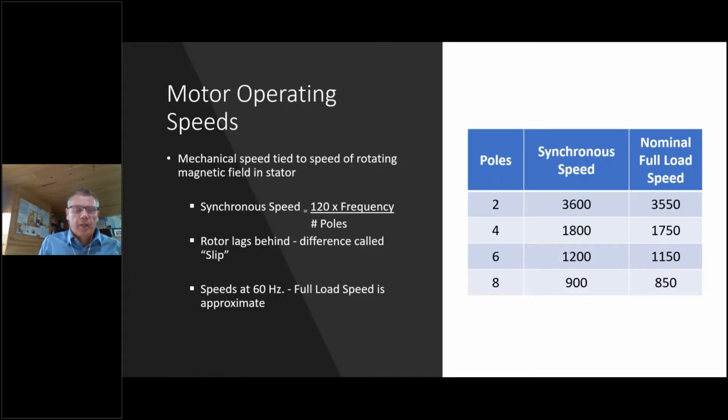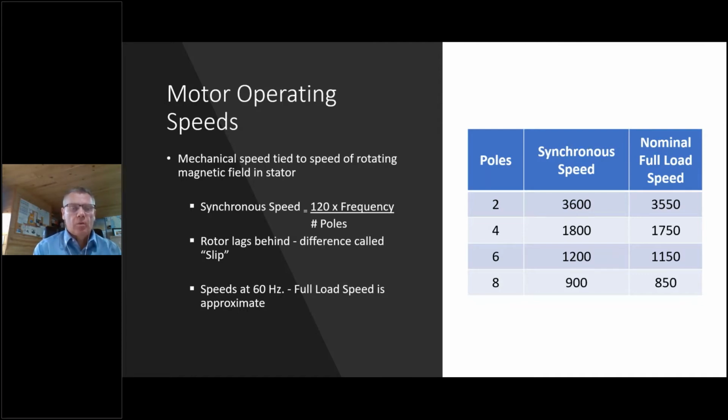There's a little bit of theory here, and hopefully it'll be fairly easy to follow along. We talk about synchronous speed. So when most people order a motor, they're going to ask for, I want a 3600 RPM motor, I want an 1800 RPM motor. And because slip is an important function for a motor to generate torque, you're always going to get something slightly less than synchronous speed.